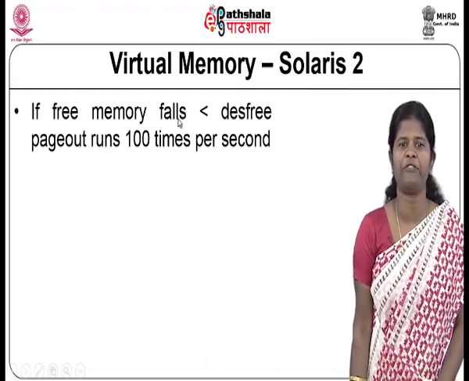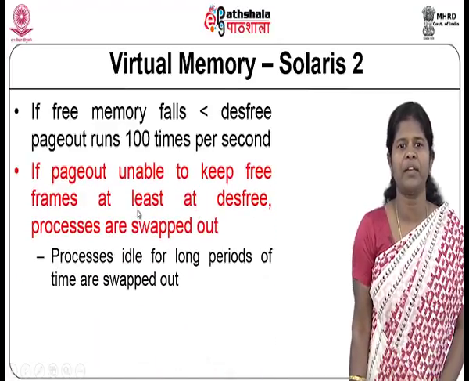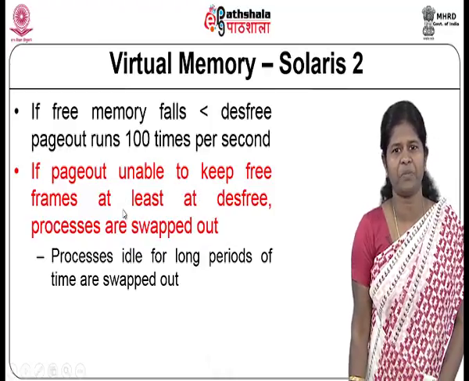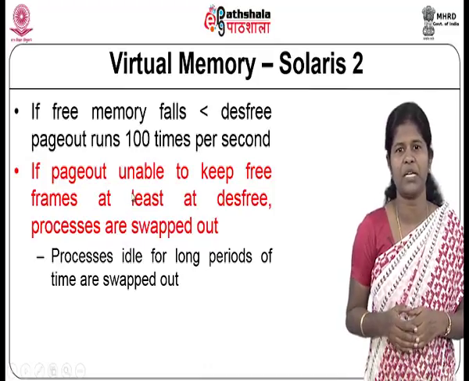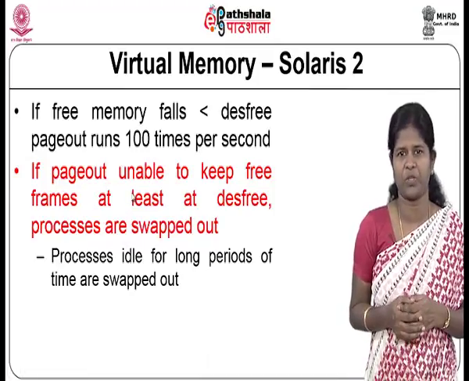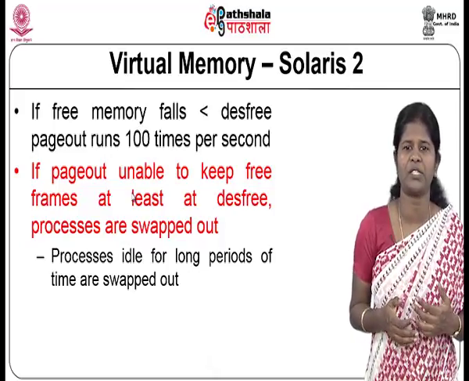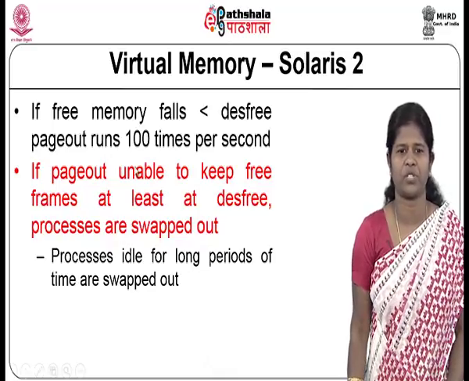If the free memory falls below desfree, pageout runs at 100 times per second, and if pageout is unable to keep the free frames at least at desfree, then processes are swapped out. Processes which are idle for long periods of time are chosen and swapped out.